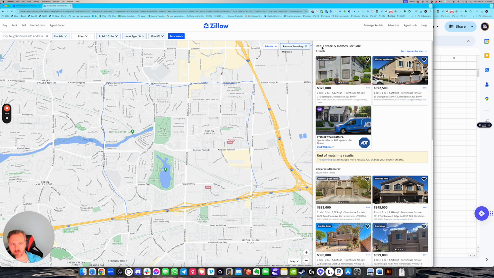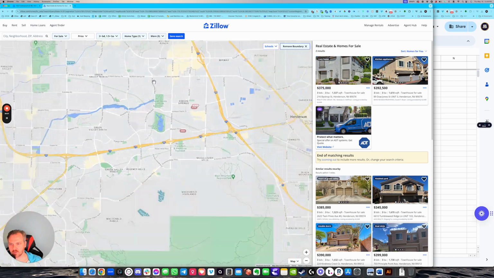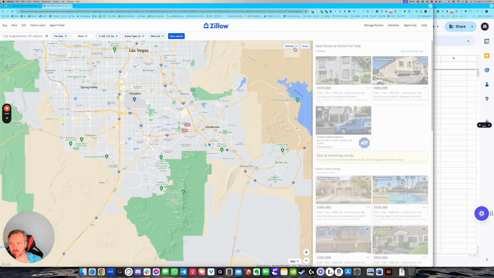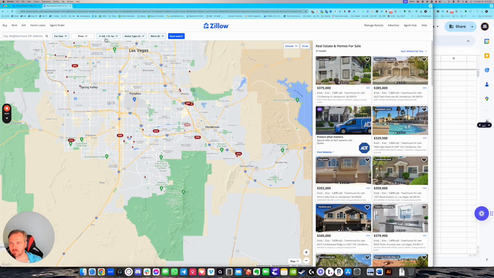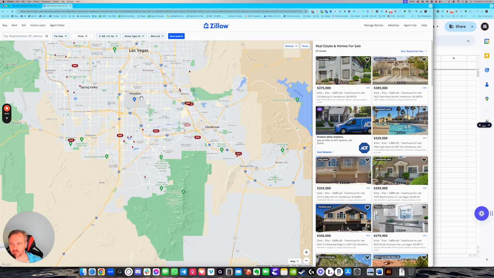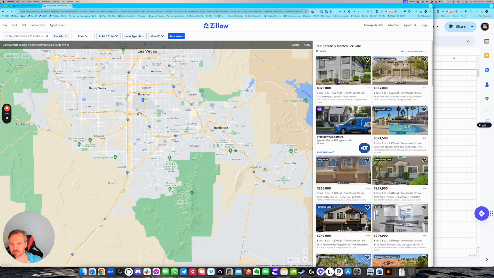Now, a really easy way to do this, let me zoom out here and say, you know what? I want to look at this entire section right here. I'll include the airport, even though I probably shouldn't. Let me cancel this. So I'm going to look at this entire section right here.